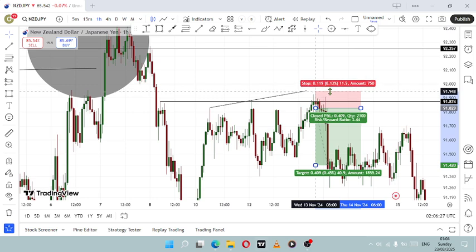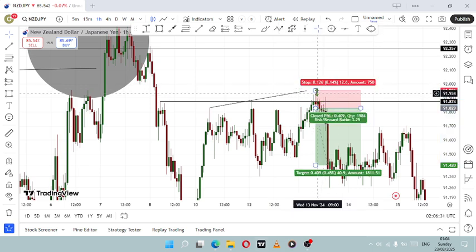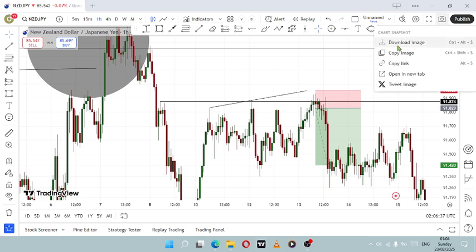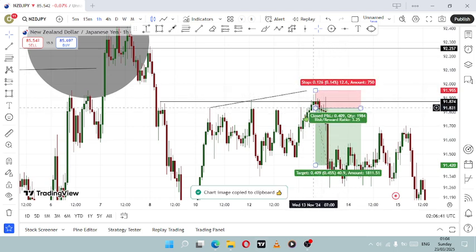Let's see, 12 pips above the highs here.